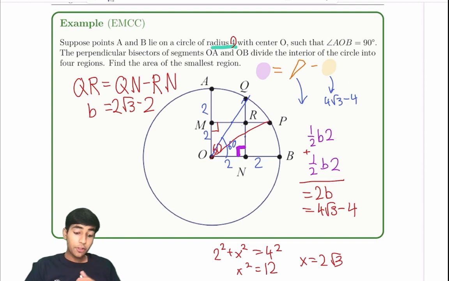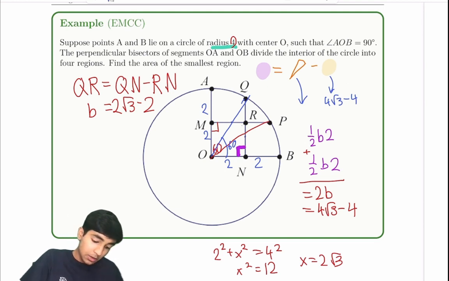Now, to find the central angle, it's just going to be equal to 30. Why? Because then all three of these parts are 30. And then this angle becomes 60. Remember, we calculated that earlier using this triangle, 30, 60, 90.